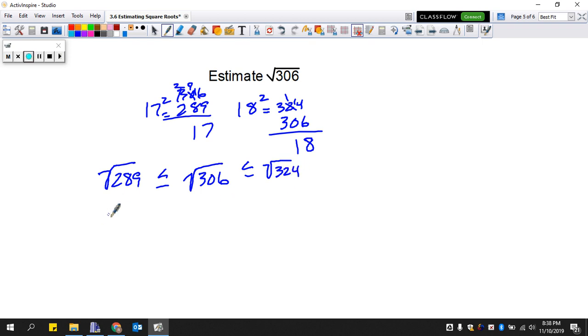So 17 is less than or equal to the square root of 306, which is less than or equal to 18. So 306 is between 17 and 18, and slightly closer to 17.